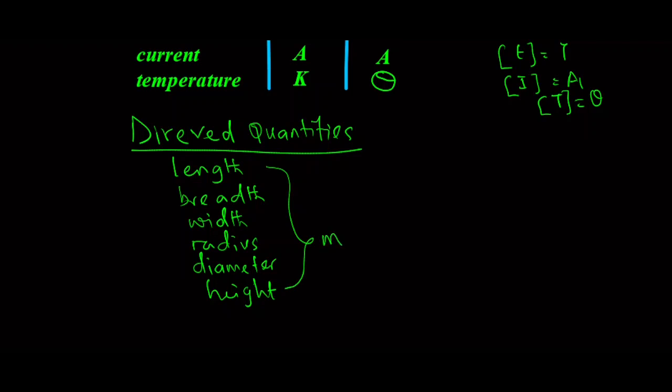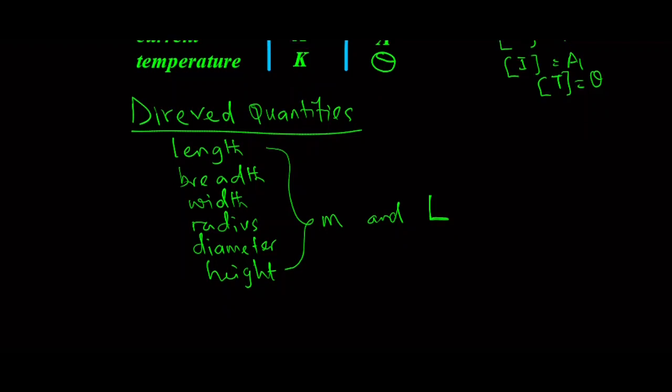They have unit of meter and the dimension is L. That means the unit of length is meter and the dimension is L. Unit for width is meter and dimension is L. The unit of radius is meter and dimension is L. The unit of height is meter and dimension is L. They all have the same unit and the same dimension.